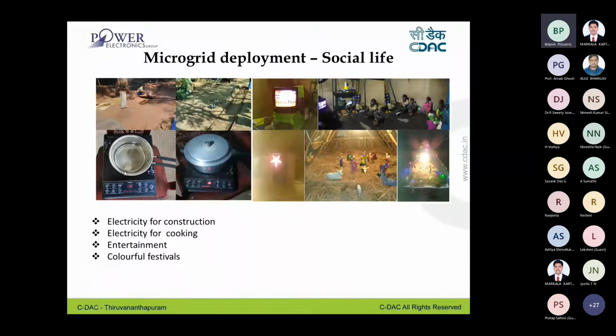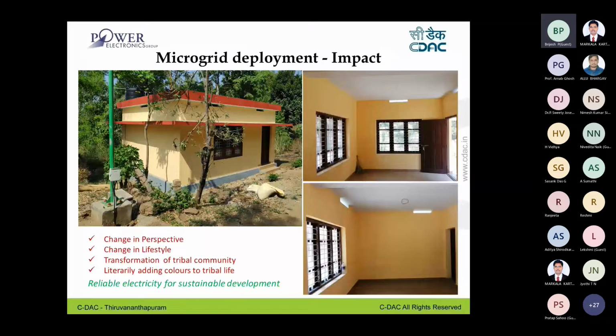And even for cooking they use this microgrid power. So there is a change in attitudes. There is a change in social well-being, and you can see the houses. This is from the previous photographs.